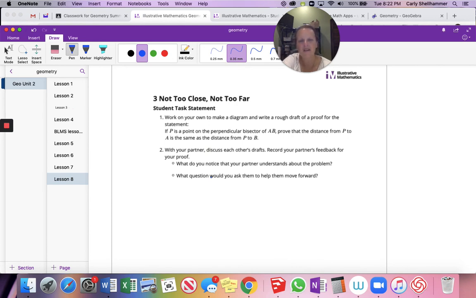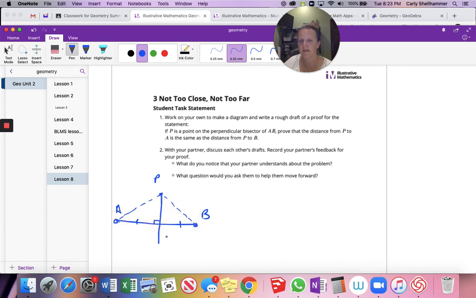All right, work on your own to make a diagram and write a rough draft of a proof for the statement: if P is a point on a perpendicular bisector, prove the distance from P to A is the same as the distance from P to B. So we want to prove that this distance and that distance are equal.